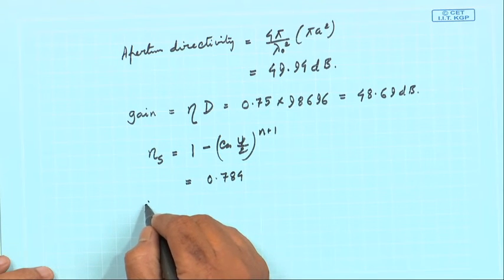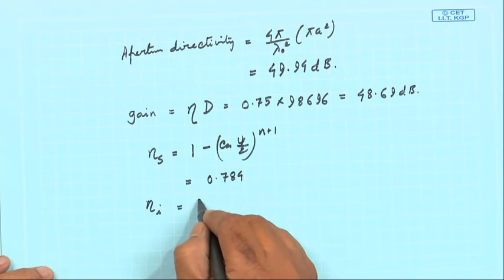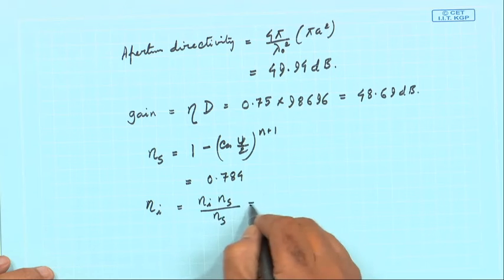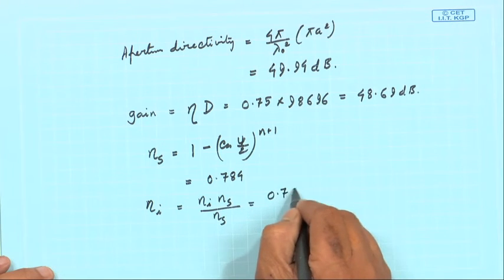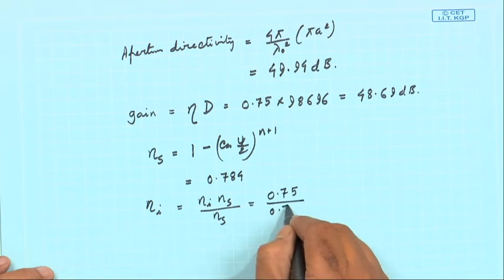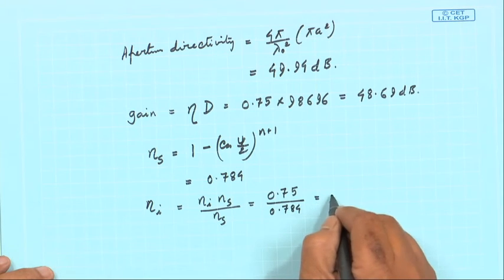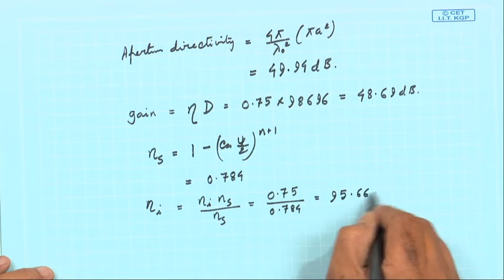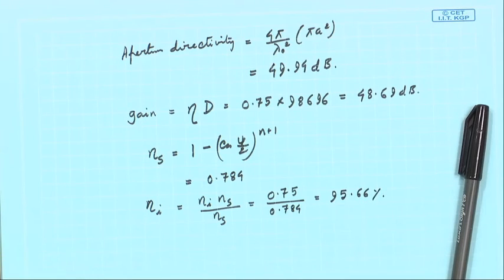And then what is the illumination efficiency? Since I have found eta s, it is 0.75 by 0.784. So, that is 95.66% illumination efficiency.